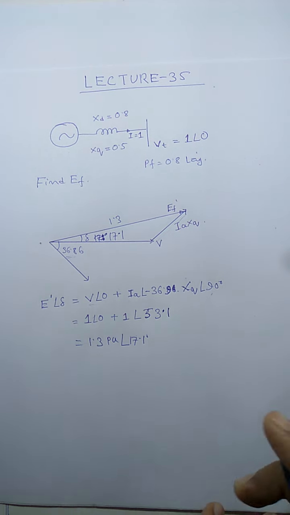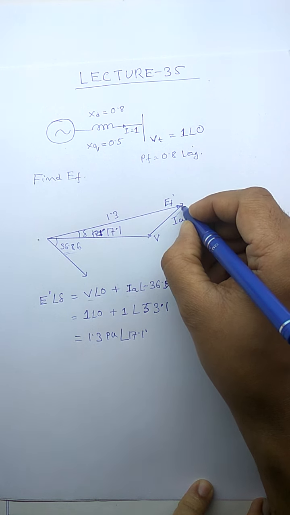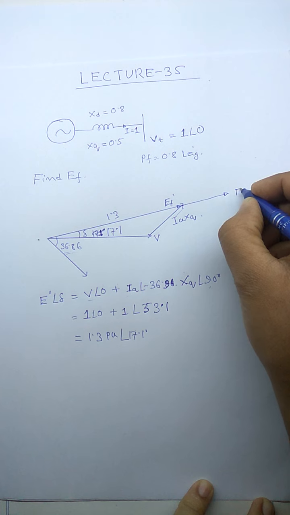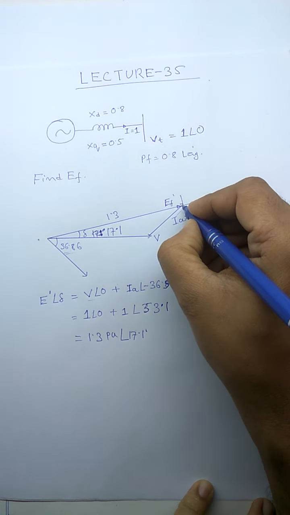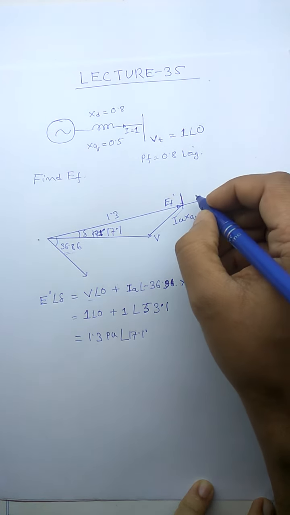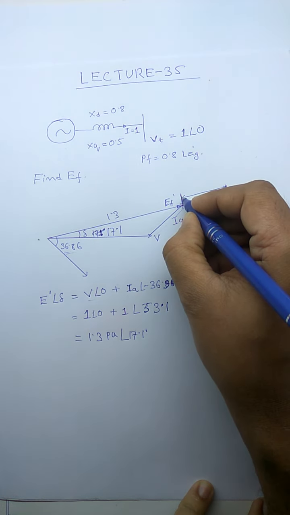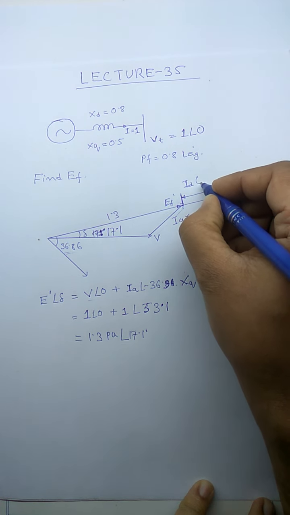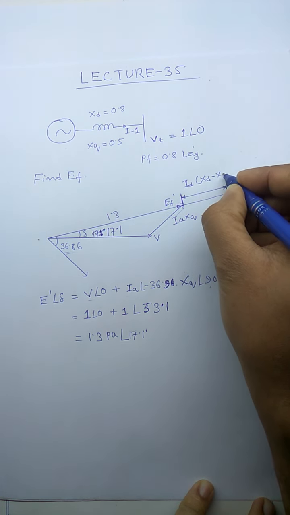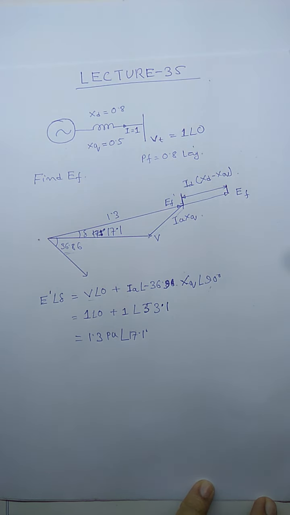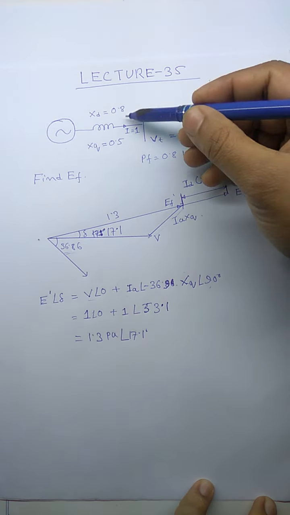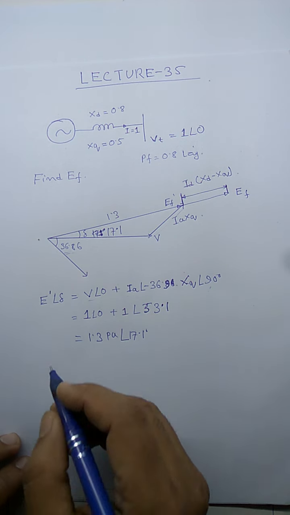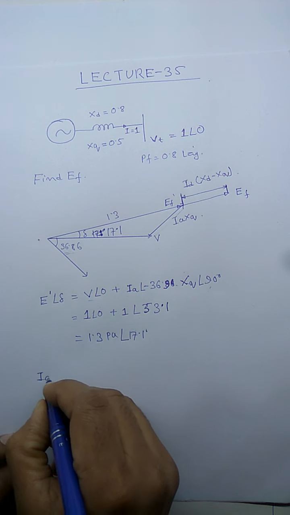Next, with this EF dash, we have to add another value in the same direction, and this will be our EF. Now what is the magnitude of this length? We derived it in the last class: it is ID into XD minus XQ. The values of XD and XQ are given here. What we need to find is ID.